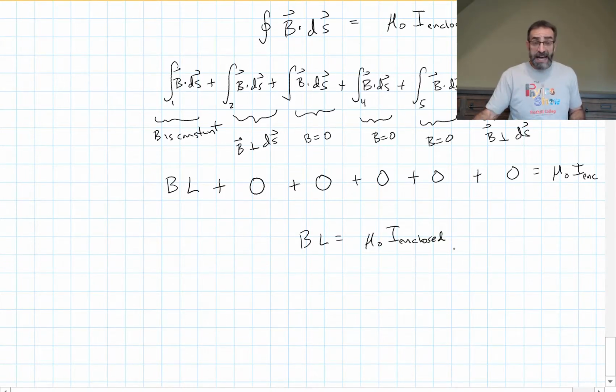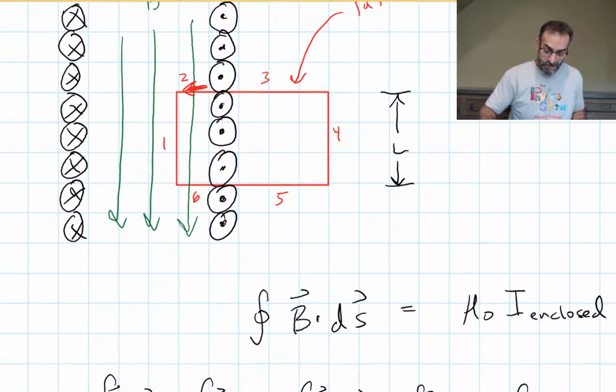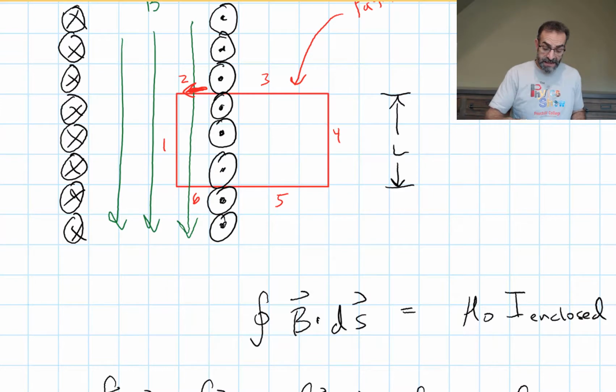And I need to figure out what I enclosed is. So I come back up here, I look at my picture, and I see that I've enclosed a certain number of turns there inside of my loop.